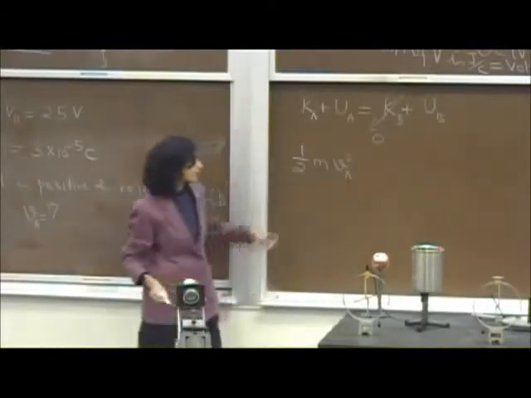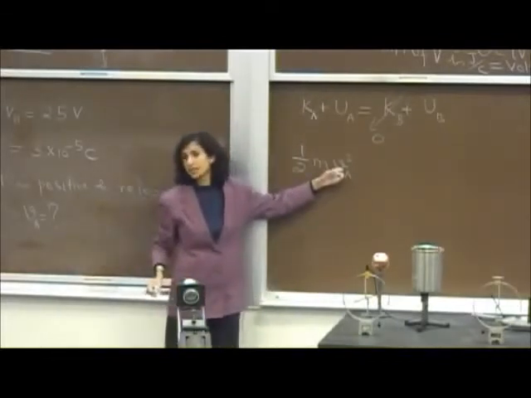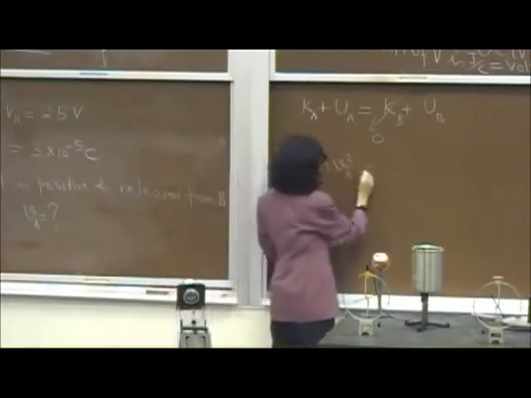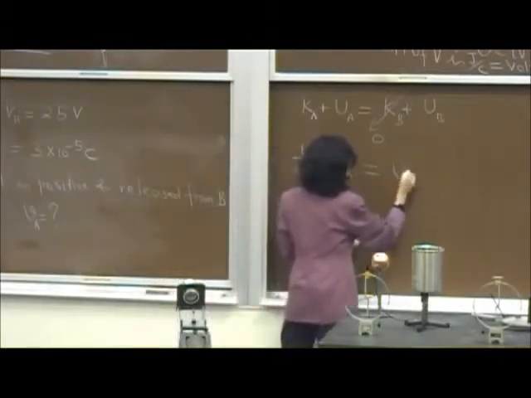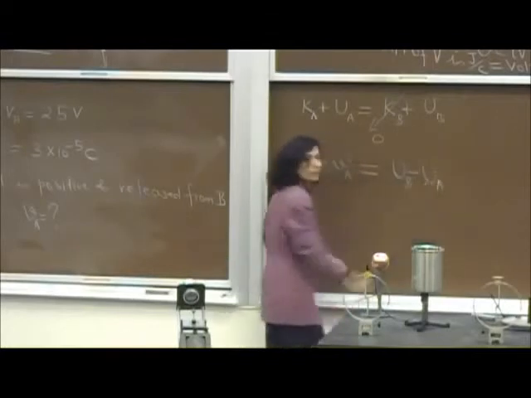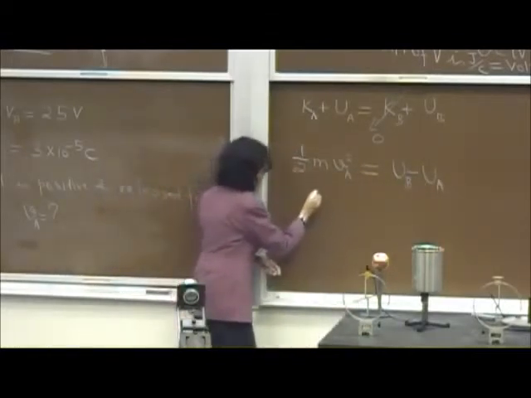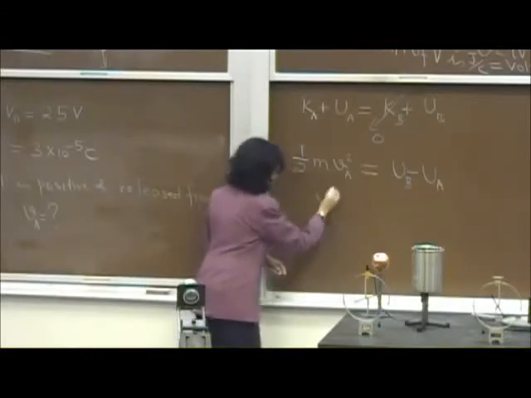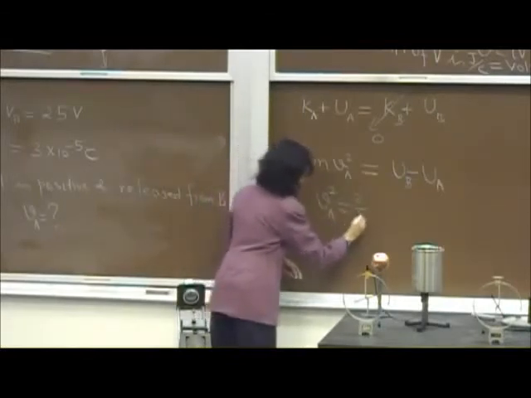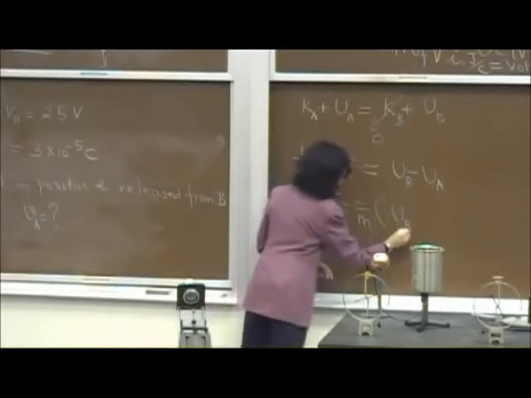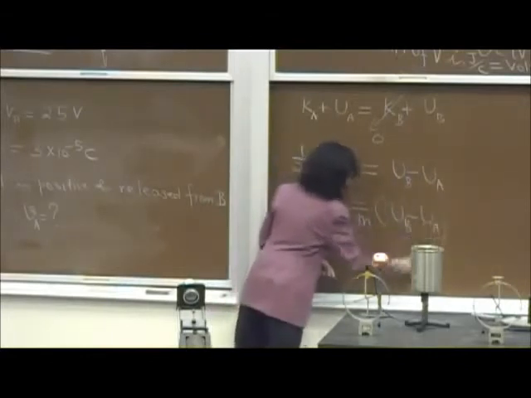Folks, you have to be very careful because small v will be speed, capital V will be potential. So half mVa square is equal to Ub minus Ua. But can I write this like this? Va square should be equal to 2 divided by m times Ub minus Ua.